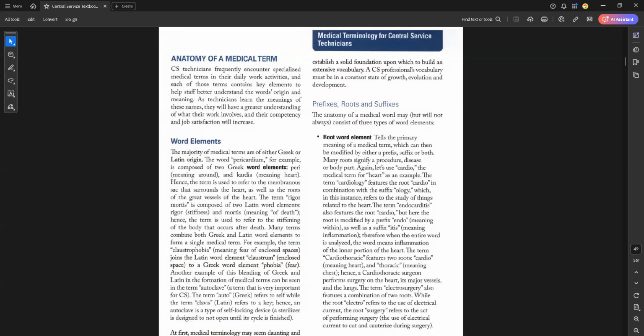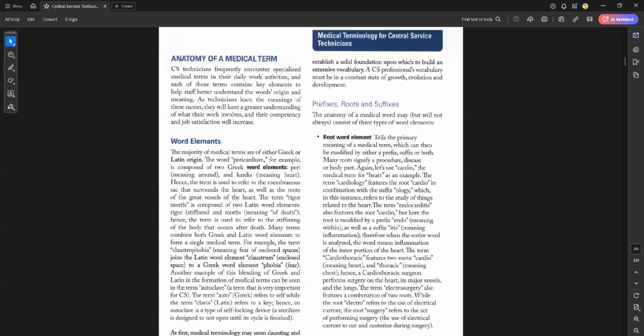The root gives meaning. For example, if I mention my name, is it Michael Black? Is it Michael White? Is it Michael Green? So there must be Michael. So Michael is the root.